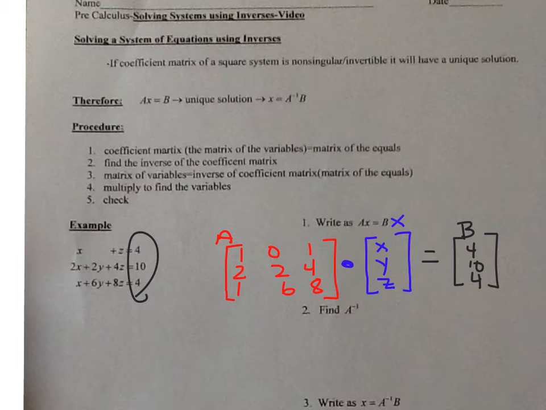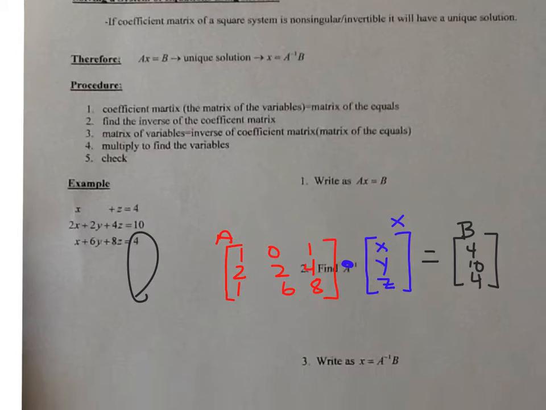The next thing you need to do is find the inverse of matrix A. So plug your matrix into your calculator: 1, 0, 1, 2, 2, 4, so it's a 3 by 3, 1, 6, 8. Store that into matrix A and then do the inverse.